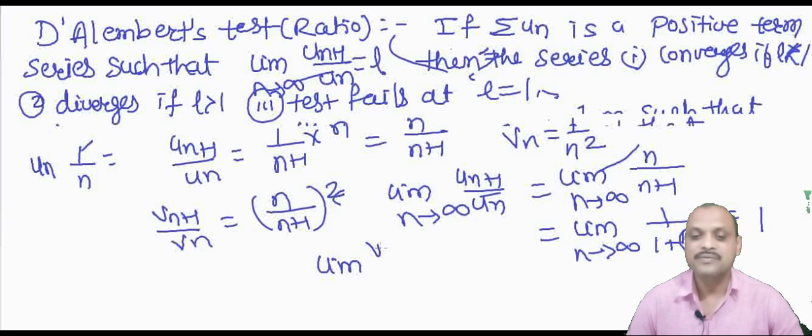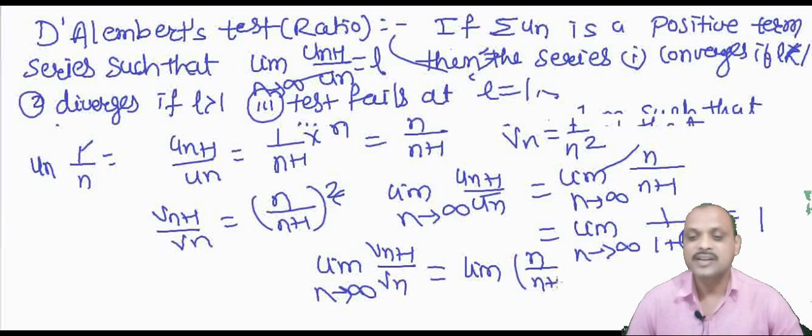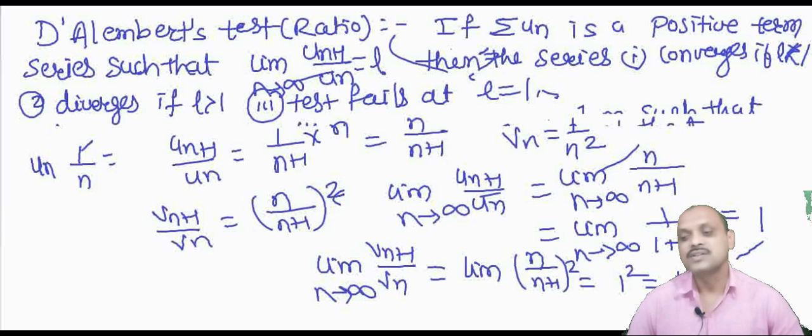Similarly the limit of v_(n+1) divided by v_n as n tends to infinity is the limit of n divided by n plus 1 whole square, which is 1 square equal to 1. So in both cases we get the limit as 1. But look at these series: summation 1 by n is a divergent series, whereas summation 1 by n square is a convergent series. Hence this test fails to give definite information at L equal to 1.